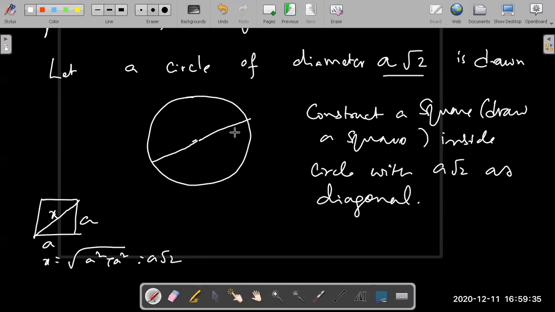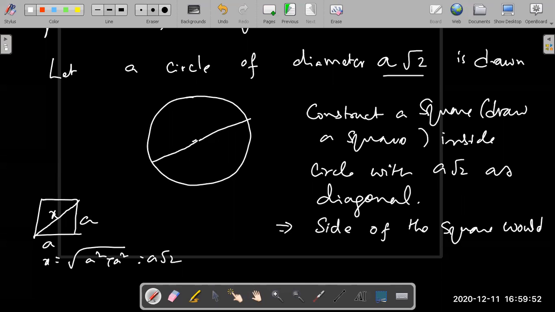That is the reason why I assume this diameter to be a root 2. So now a root 2 is the diameter, the diagonal, that implies the side of the square would be a centimeters.